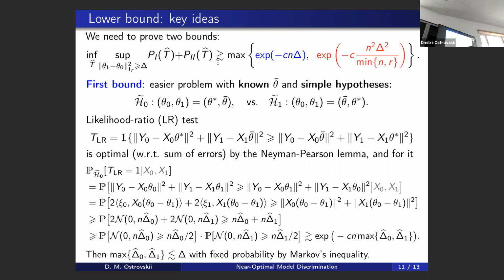Long story short, we have a gap between the upper and lower bound: instead of delta mean, we have delta max in the lower bound, and instead of R max, we have R mean. We think the upper bound can probably be improved.